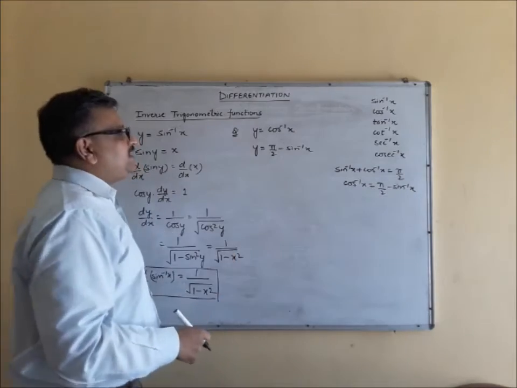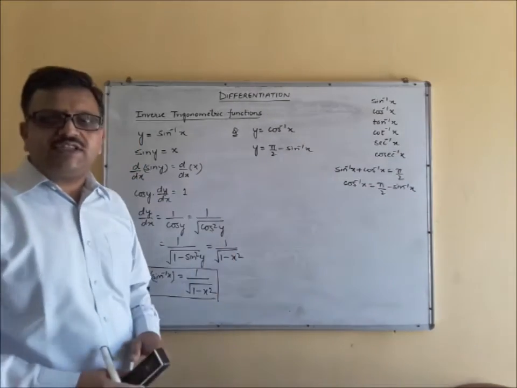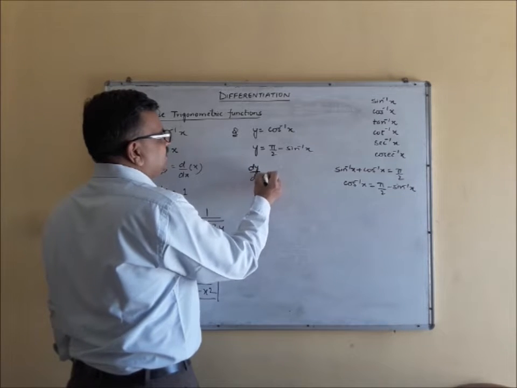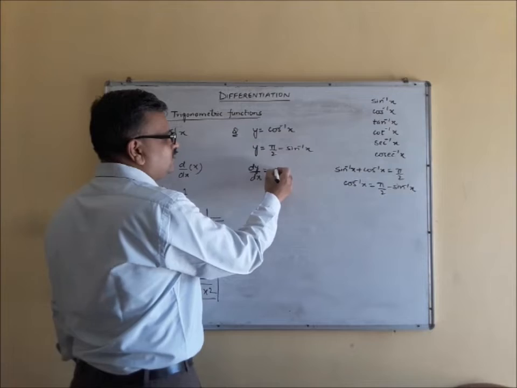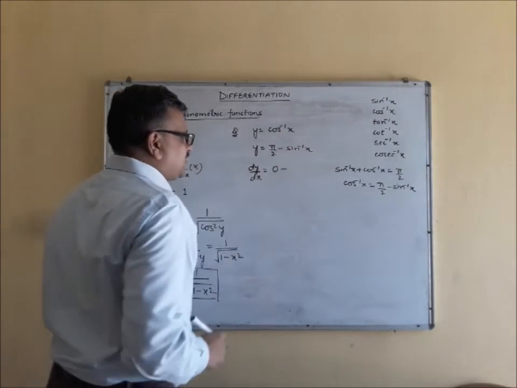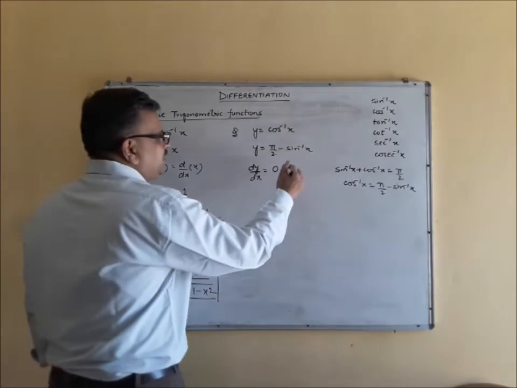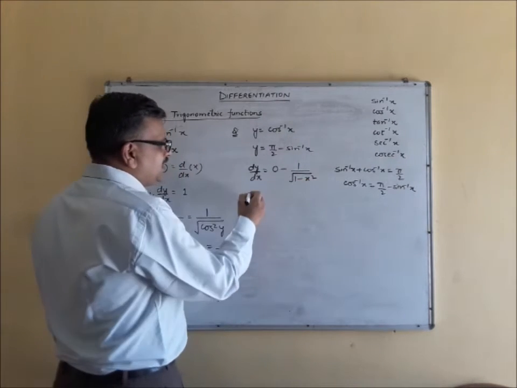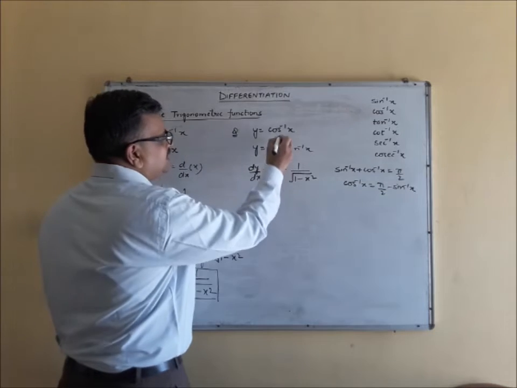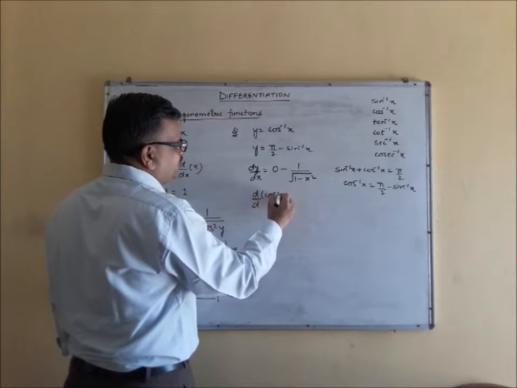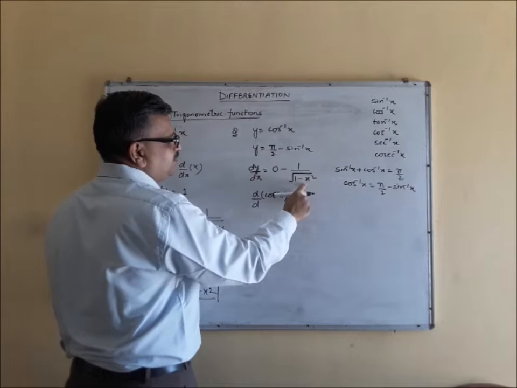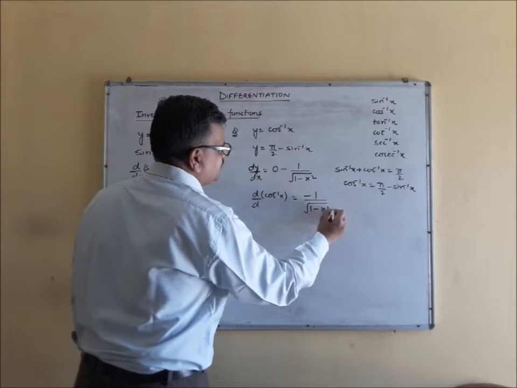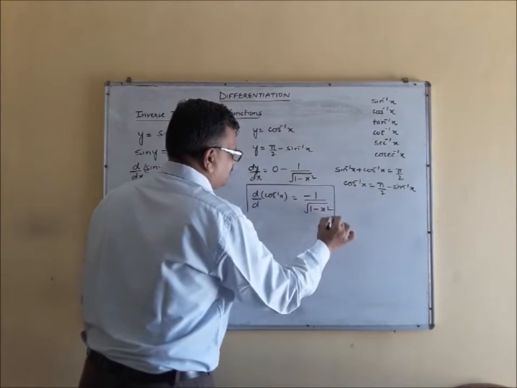So this function y becomes pi by 2 minus sine inverse x. We find its derivative: dy by dx equals derivative of pi by 2, which is 0, minus derivative of sine inverse x, which we have just found is 1 upon under root 1 minus x square. So it is minus 1 upon under root 1 minus x square. This is the derivative of cos inverse x.